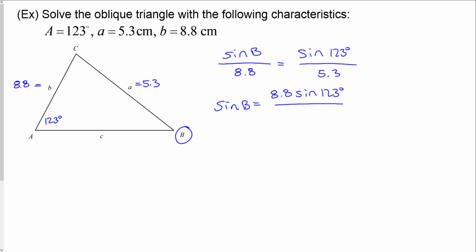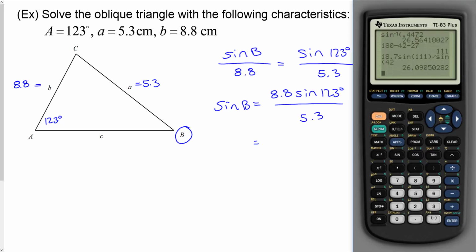Not degrees, just 5.3. And let's see on the calculator what that comes out to be. So clear everything I had before. 8.8 sine 123 divided by 5.3.